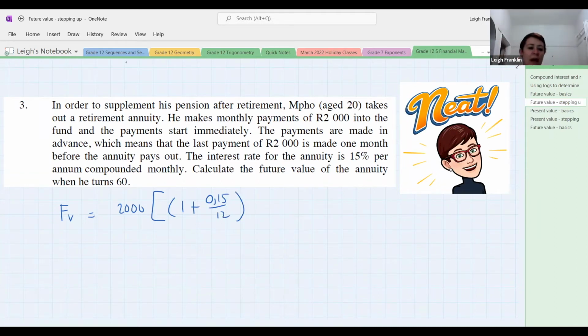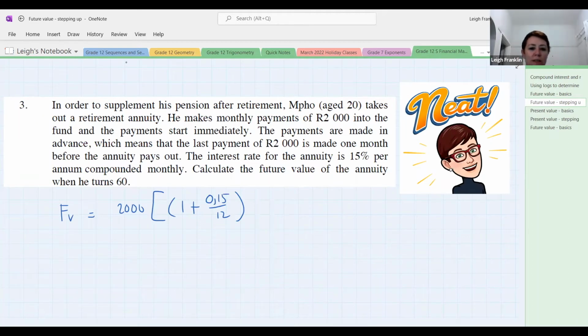Again, we have the task where we need to work out how many payments Mpho has made. Be careful here, because these payments are not like the ones that we saw in our last lesson. These payments are made in advance. In other words, they are made at the beginning of the month and not at the end of the month.